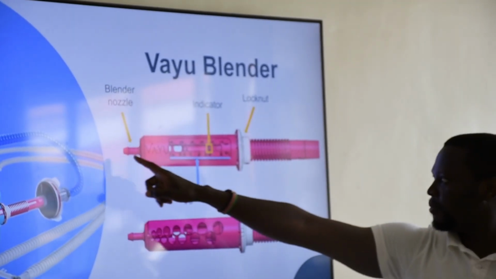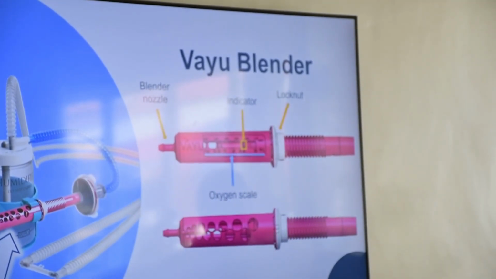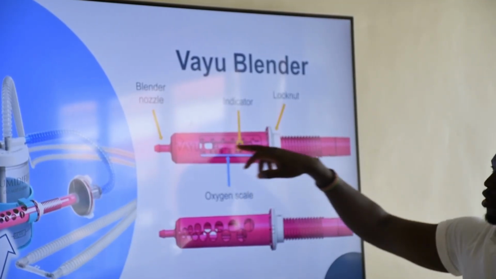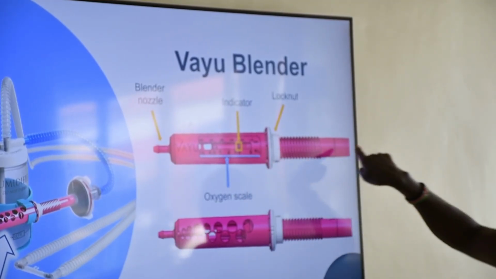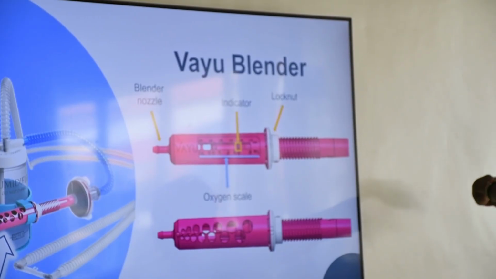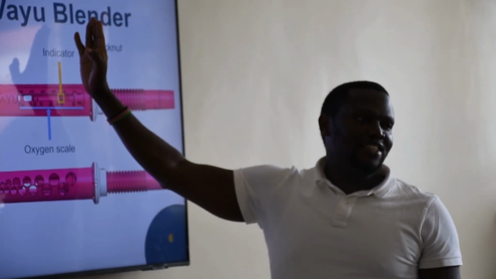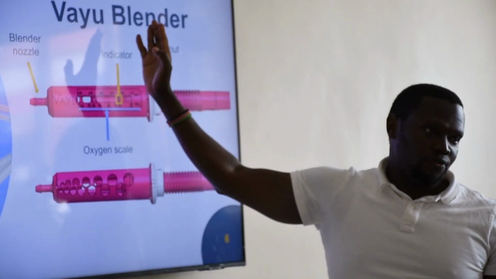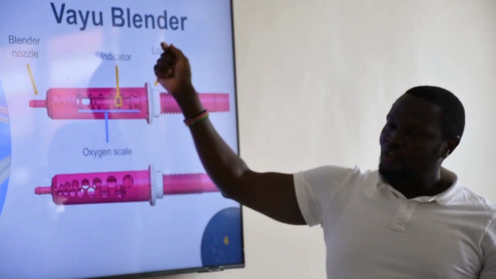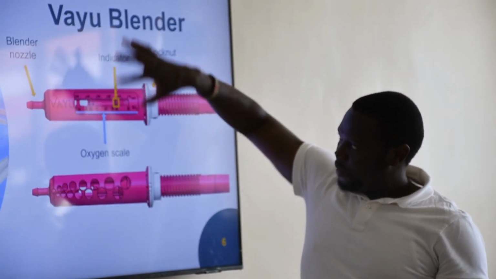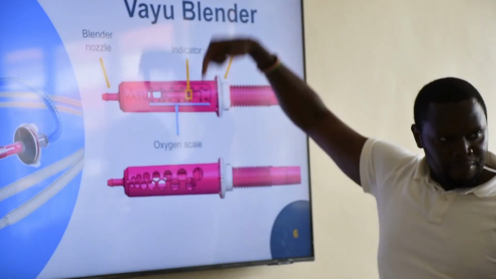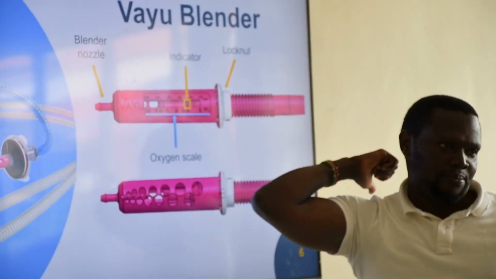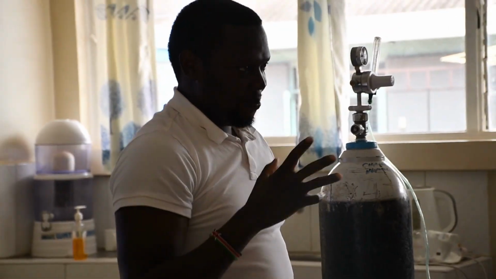Remember, it comes in going very high, creates a low pressure zone, and then moves outside. That is its exit. When it tries to move out, it cannot, because of the laws of physics. So it only requires that the outside gases come in and then they escape. That's how the blending eventually happens.